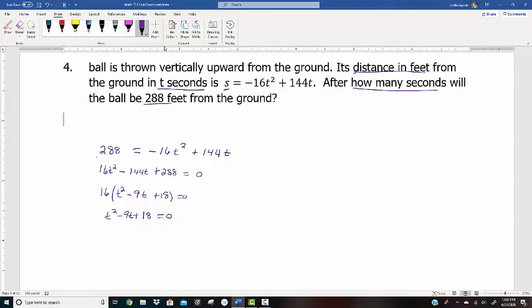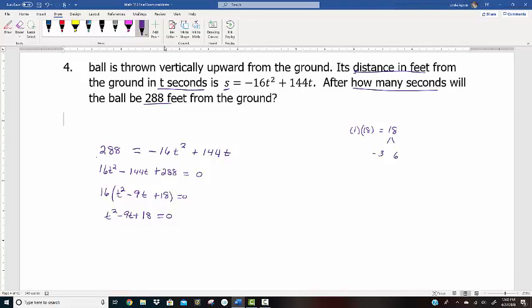So as usual with factoring, we multiply 1 times 18, which is going to give us 18. And we want to find factors that multiply to give us 18, but add to give us negative 9. Well, I know 3 and 6 will give us 18. We have a negative 9.